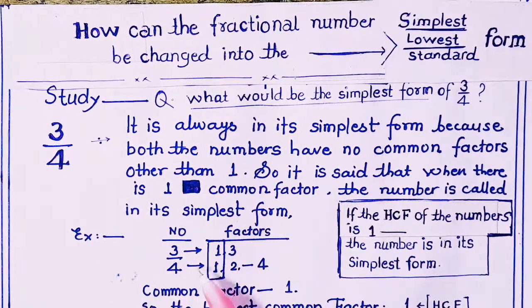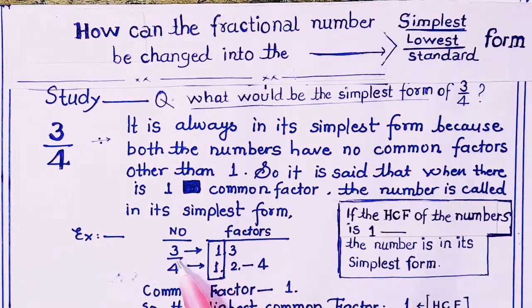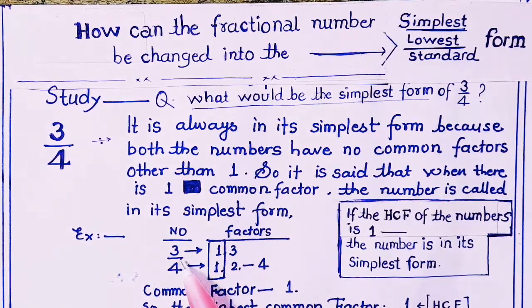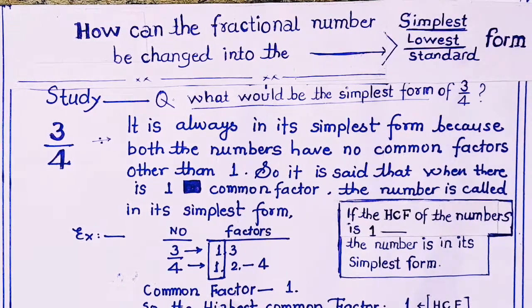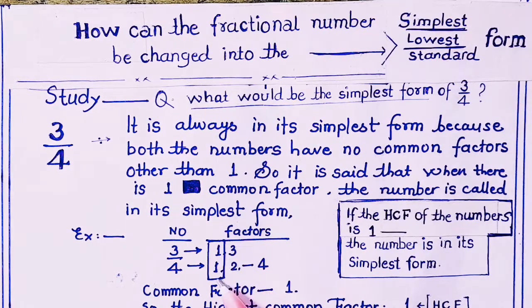3 by 4: the factors of 3 are 1 and 3, and the factors of 4 are 1, 2 and 4. Therefore, the common factor of 3 and 4 is 1. Here you can see 1. And the highest common factor is also 1.